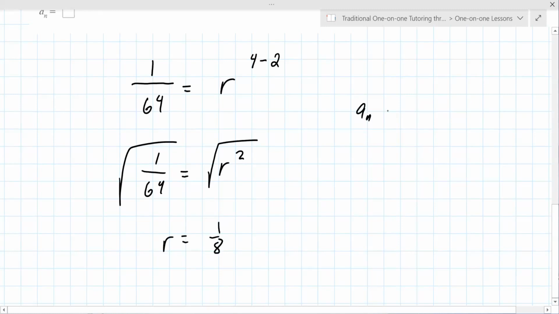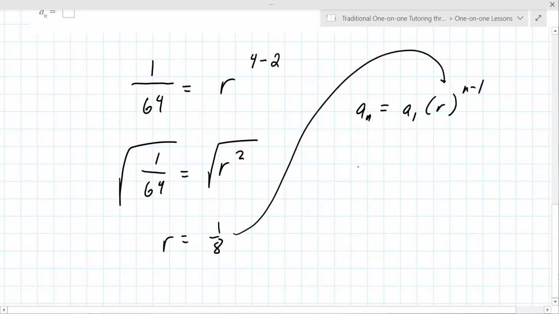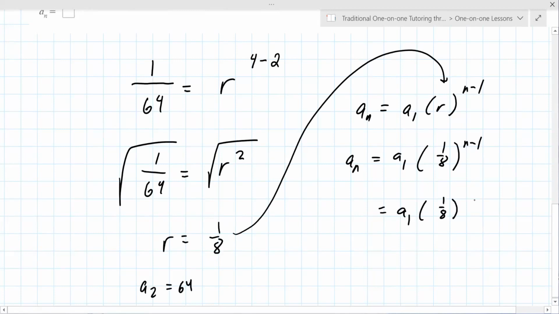Our formula is an equals a1 r to the n minus 1 power. So you have r. You have an equals a1 times 1/8 to the n minus 1 power, and then you use one of the points. I'm going to use a2 equals 64. That means n is 2, so we put 2 in for n, and an is 64. So 64 equals a1 times 1/8 to the power of 1.